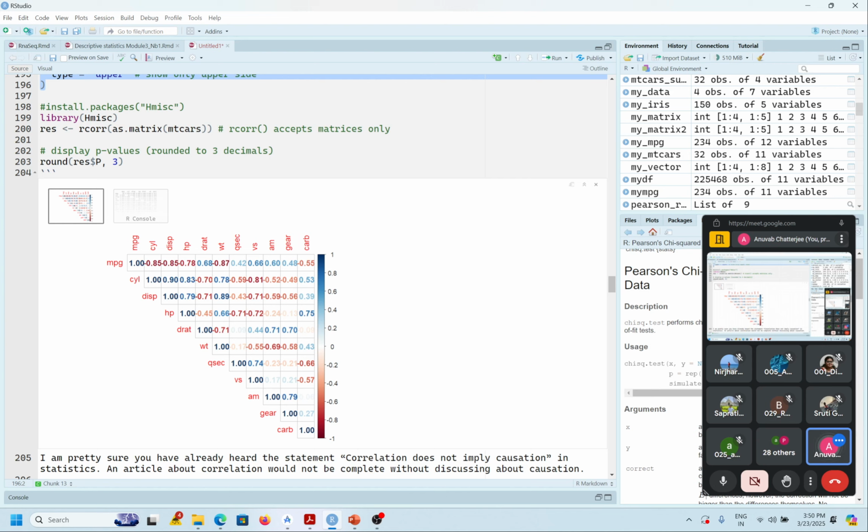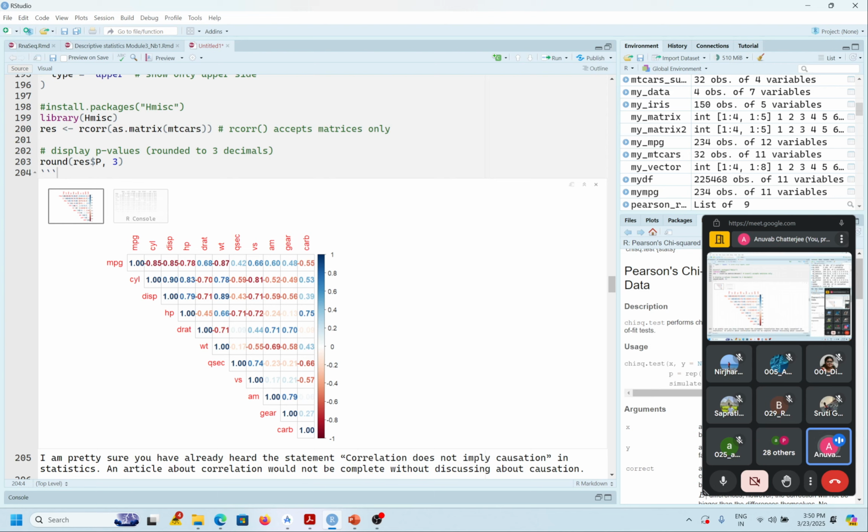For example, DRAT and QSEC are both independent. VS and gear are both independent. AM, I think, is the automatic or manual transmission, and the carburetor, whether it has one or not, is not correlated at all.